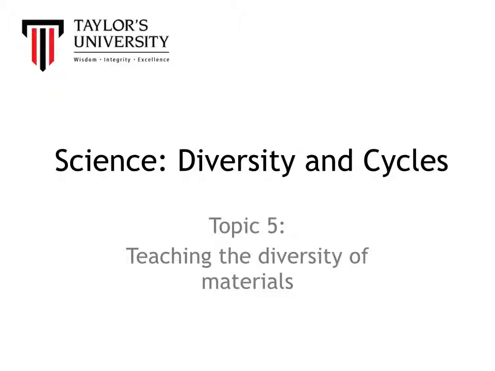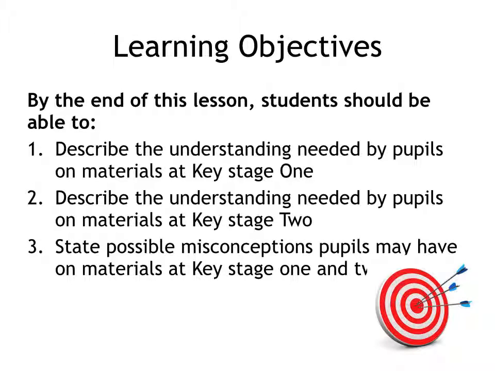Hello everyone, hi again. Here we are going to explore the different ways of teaching the diversity of materials in the module Science Diversity and Cycles. The learning objectives of this lesson: provided with the knowledge that you have learned about materials in the last lesson, you should be able to describe the understanding needed by pupils on materials at Key Stage 1 and Key Stage 2, and thirdly, to state the possible misconceptions that pupils may have on materials at Key Stage 1 and 2.